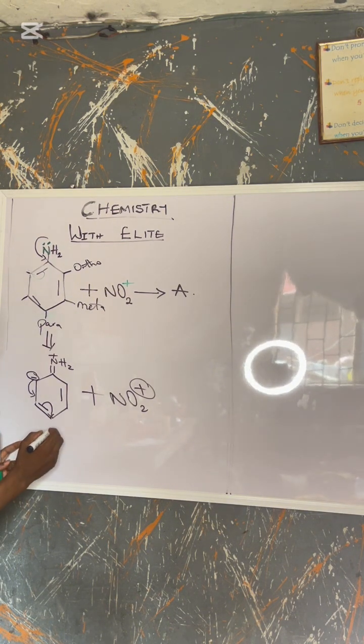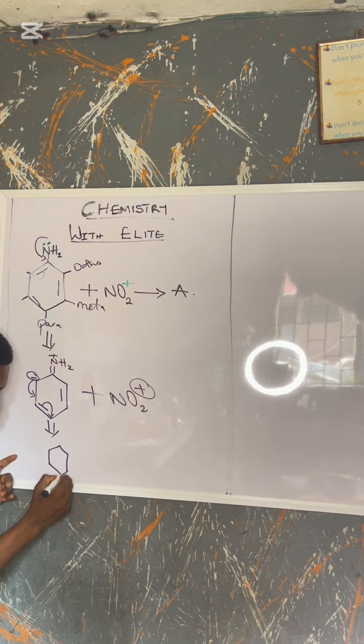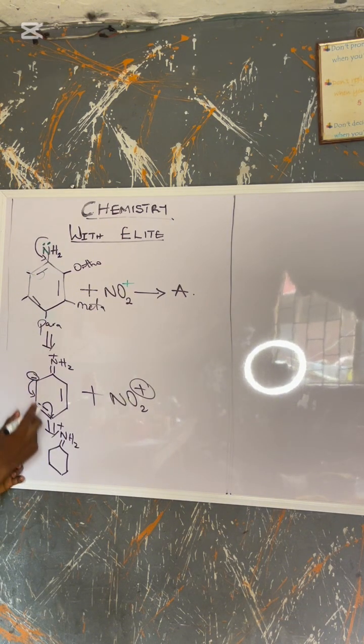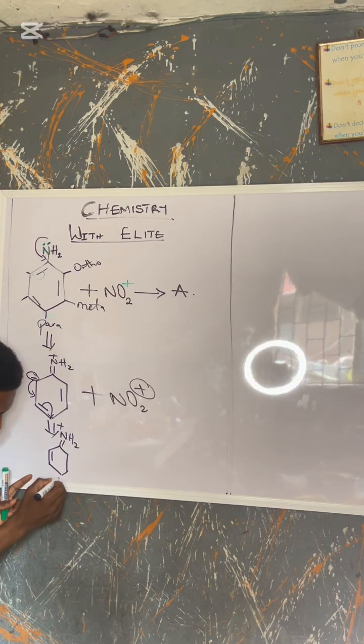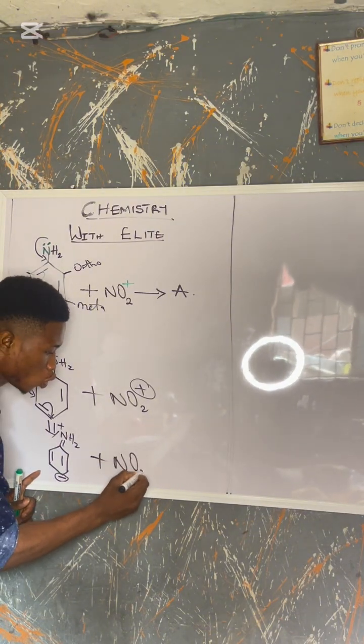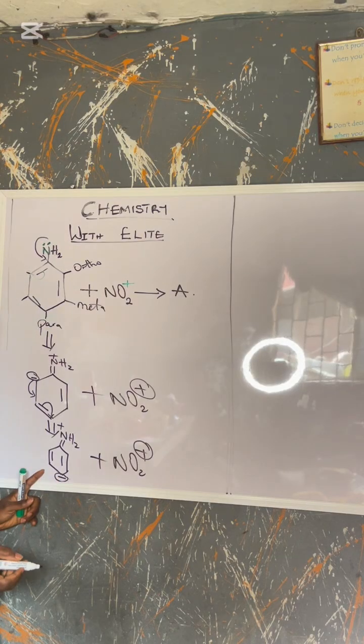Now if it moves onto this particular carbon, let's look at what we are going to have at the end of the day. We are going to have our normal benzene ring attached to the NH2 that is positively charged, double bonded. Now this is coming here, so we have a double bond here. Now this is coming onto this particular carbon, so this particular carbon becomes negative, and then we have our double bond, and it is still plus NO2 plus. Now this positive can also be attracted to the negatively charged.